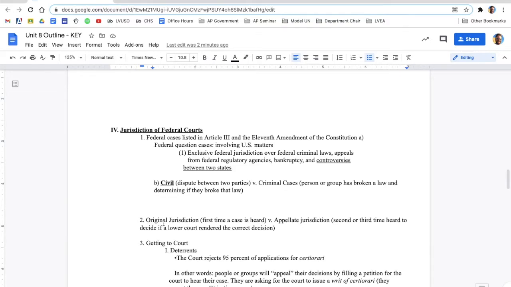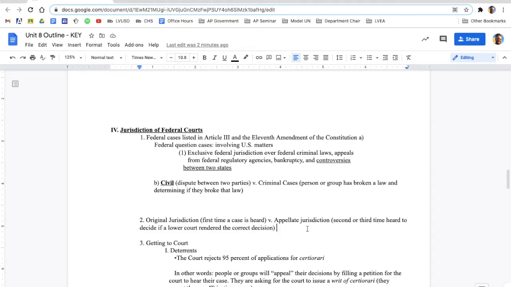So let's just go through. District courts always have original jurisdiction. Appellate jurisdiction is the second or third time it is heard. So you would say the circuit courts of appeals have appellate jurisdiction. The Supreme Court has appellate jurisdiction, although the Supreme Court could technically have both. In the case of U.S. v.